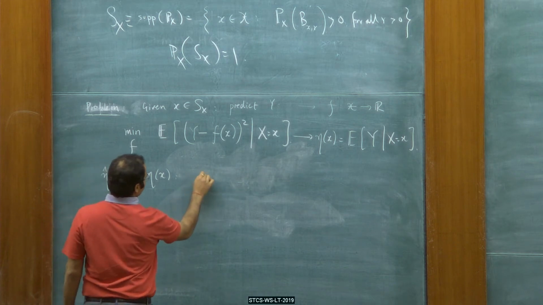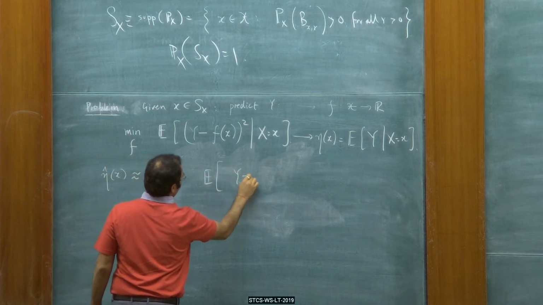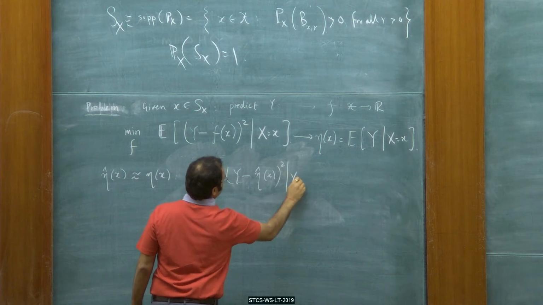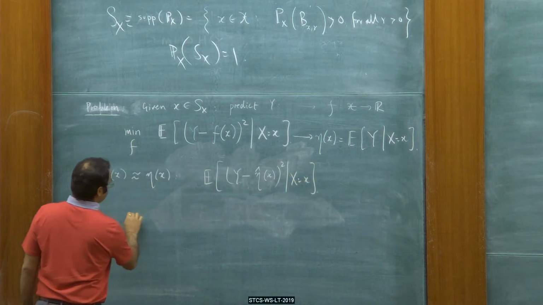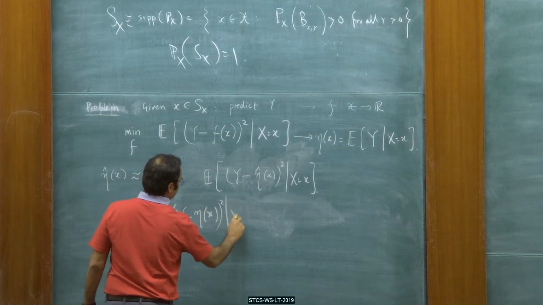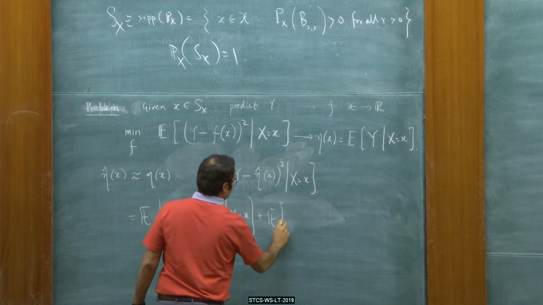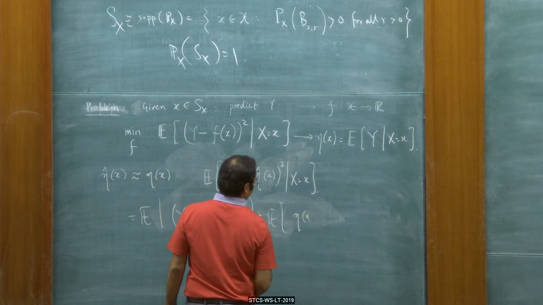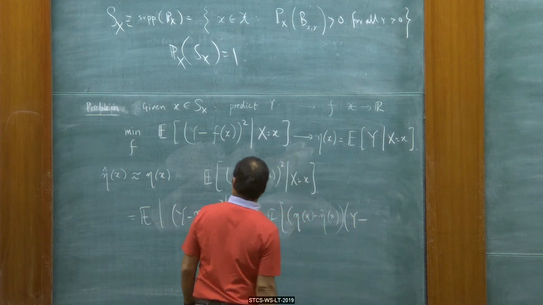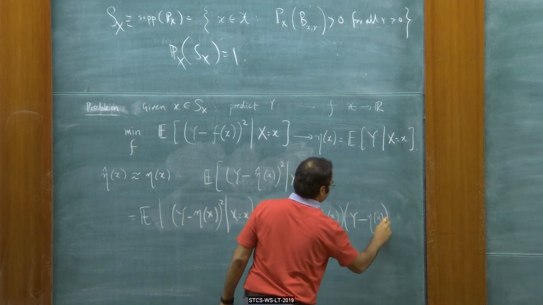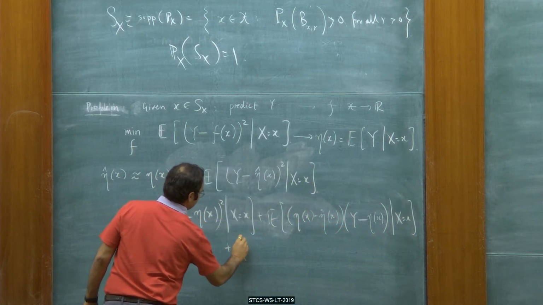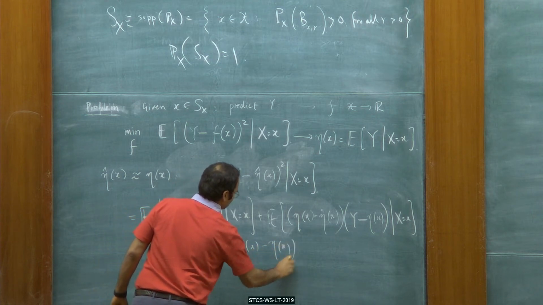Well, the error is the expectation of (y minus eta hat of x) squared given X equals x, which equals the expectation of (y minus eta of x) squared given X equals x, plus twice the term (eta of x minus eta hat of x) times (y minus eta of x) given X equals x, plus, given that x is given, (eta hat of x minus eta of x) squared.